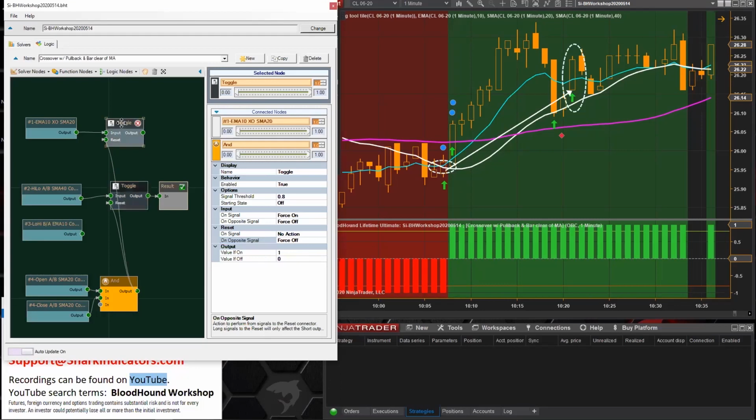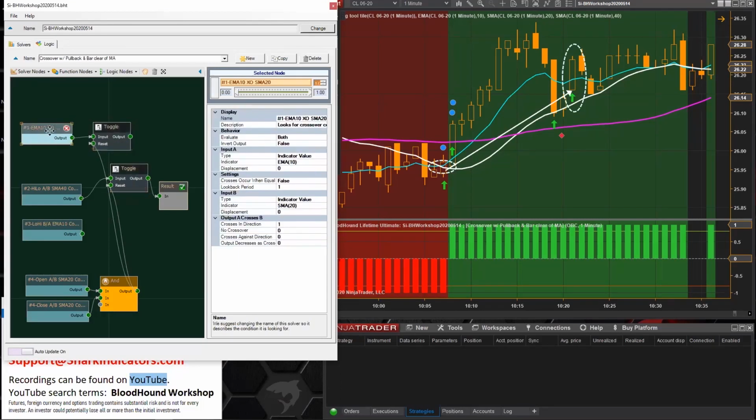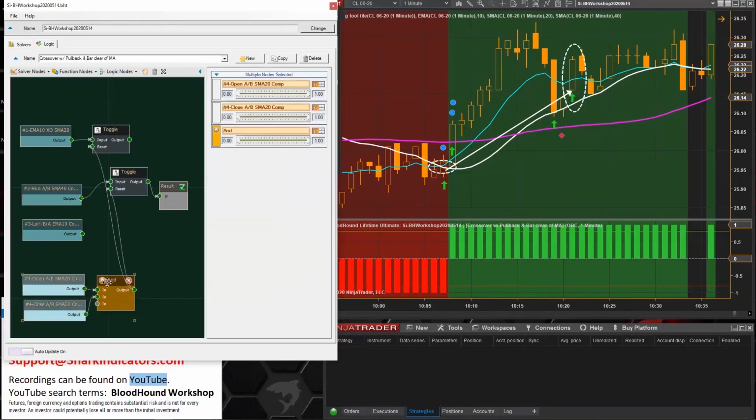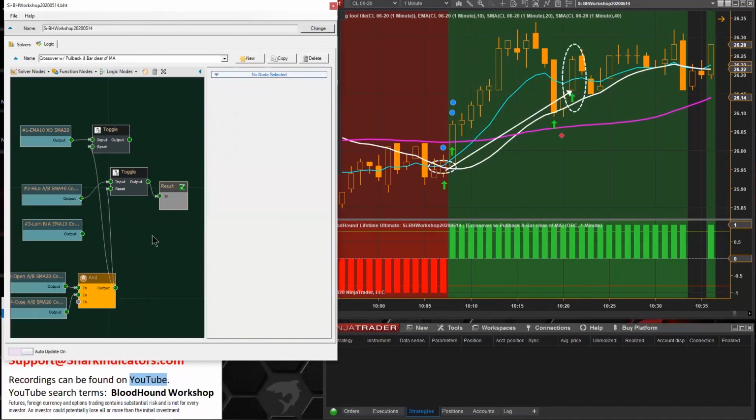So basically both of these toggle nodes are going to be exactly the same. So this toggle node here, on the reset section it had on opposite signal, force off. And this toggle node, the second one down here, also we have on opposite signal, and we're going to force the toggle node off. There, let's move that back a little bit there.